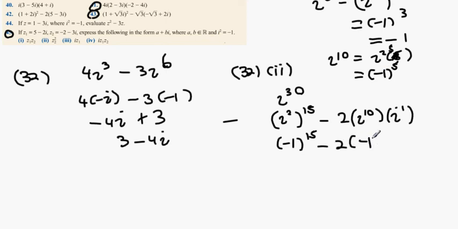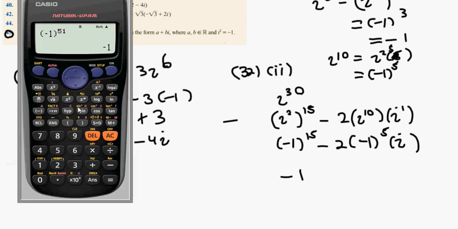So it's going to be minus 2 times minus 1 to the power of 5 times i. Then minus 1 to the power of 15 is minus 1 to my knowledge. We get minus 1, and minus 1 to the power of 5, they're both minus 1s.